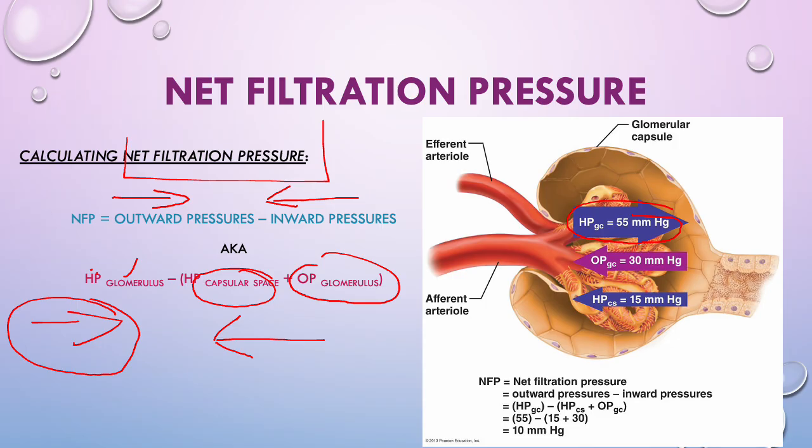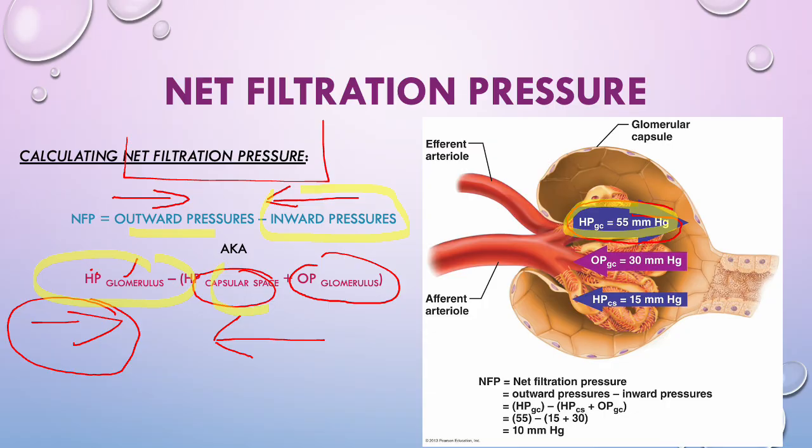So here I have a little bit of doodling that I've done. I have the outward pressures, meaning the hydrostatic pressure of the glomerulus. These are the forces that are trying to bring stuff out of the glomerulus so that we can filter stuff here, but we have foes against it that are trying to not let the stuff go through and bring it back, the inward pressures, okay?